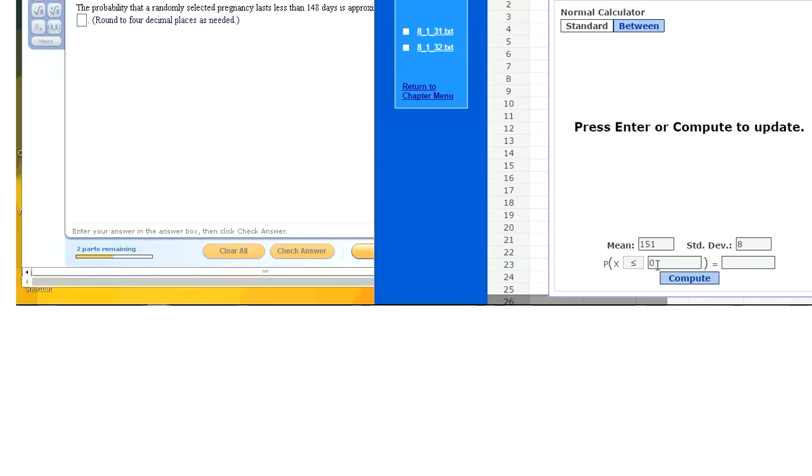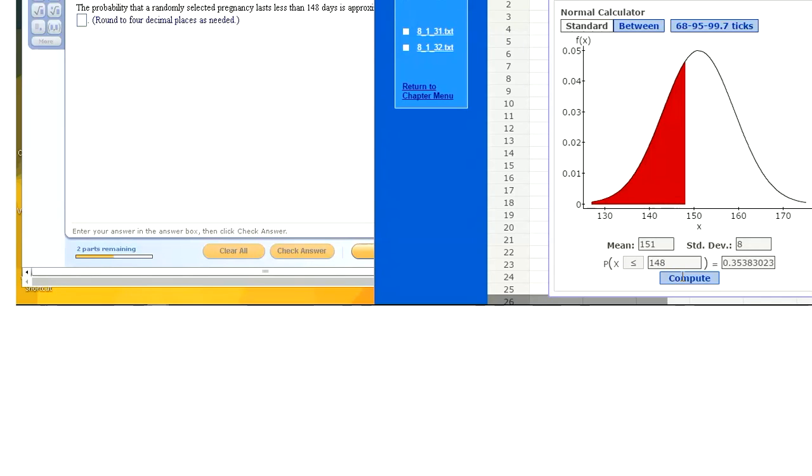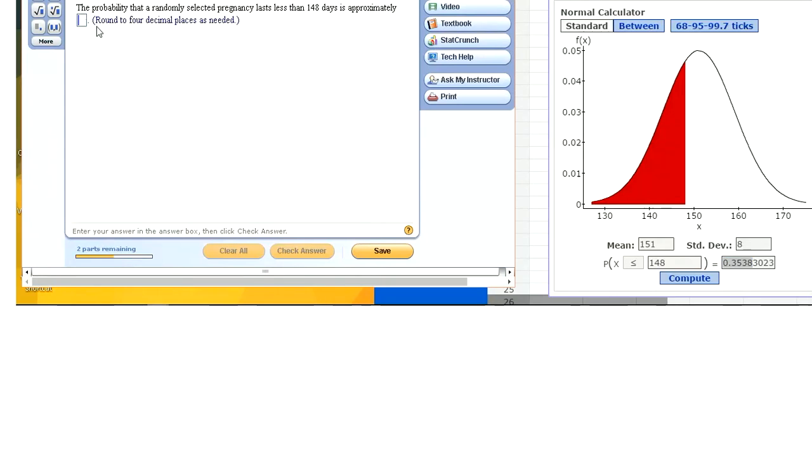Standard deviation is 8, and we're looking for the probability that the pregnancy is less than 148. Well, that 0 shouldn't be there. Okay, great. This is the curve, this is the picture. We've got a probability of 0.3538. I'm just going to copy that right from here and paste it in.